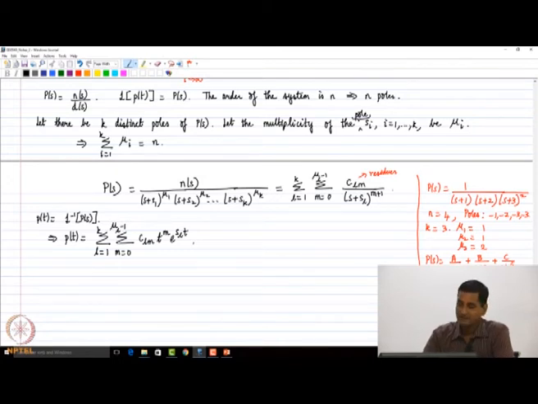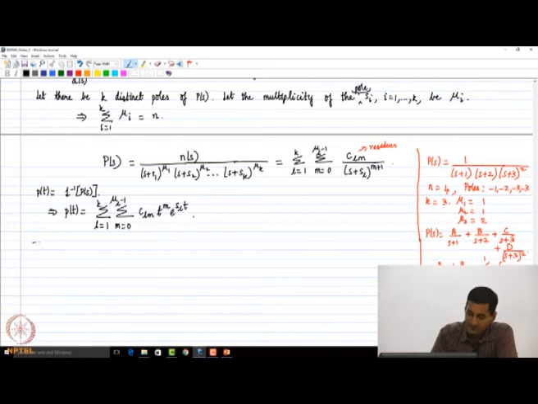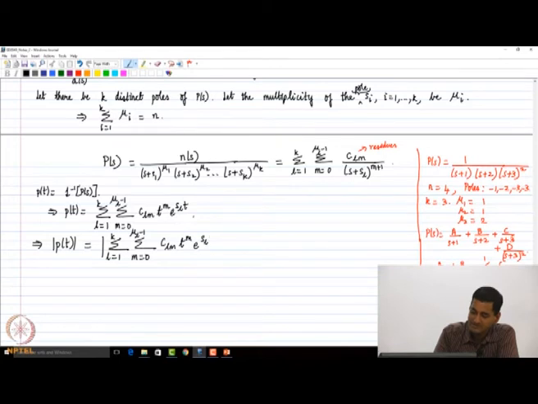Now, once I get this, the magnitude of p(t) is going to be equal to the magnitude of the summation over l going from 1 to k, m going from 0 to mu_l minus 1, c_lm t^m e^(s_l t).